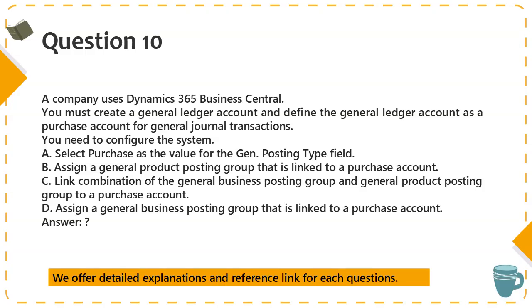B. Assign a general product posting group that is linked to a purchase account. C. Link the combination of the general business posting group and general product posting group to a purchase account. D. Assign a general business posting group that is linked to a purchase account.